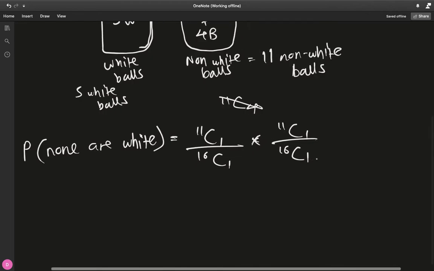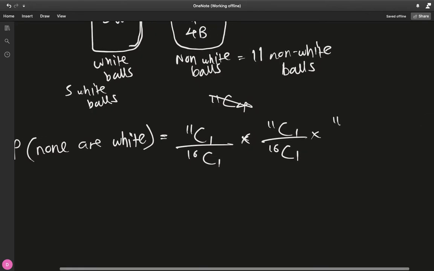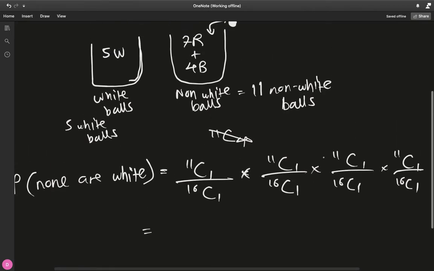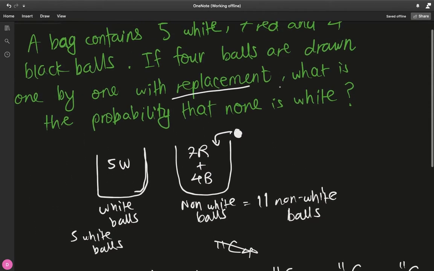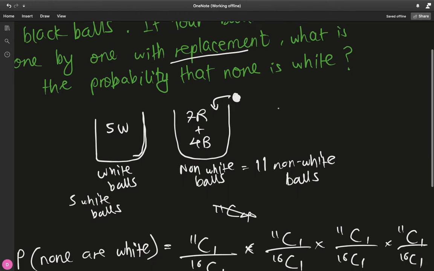That's the second term. And then similar for the third term, 11 choose 1 divided by 16 choose 1, multiplied with, and the last term you again obtain the same thing, 11 choose 1 divided by 16 choose 1. And why did I multiply? Because it's successive turns, successive 4 turns of drawing balls that you are having, right?